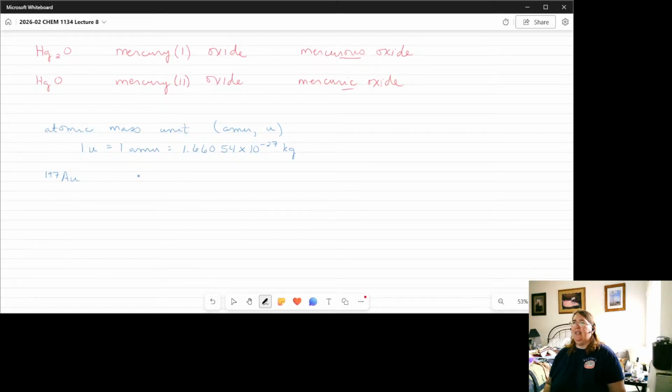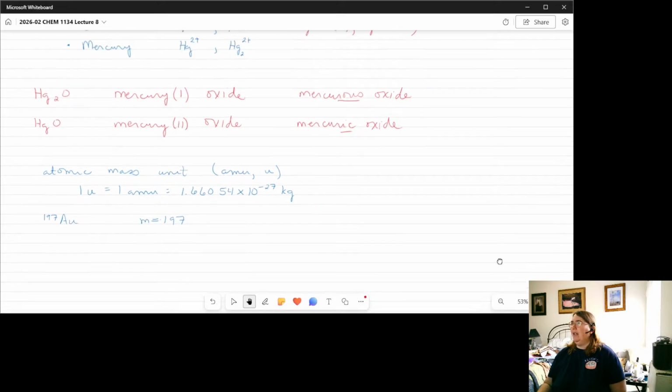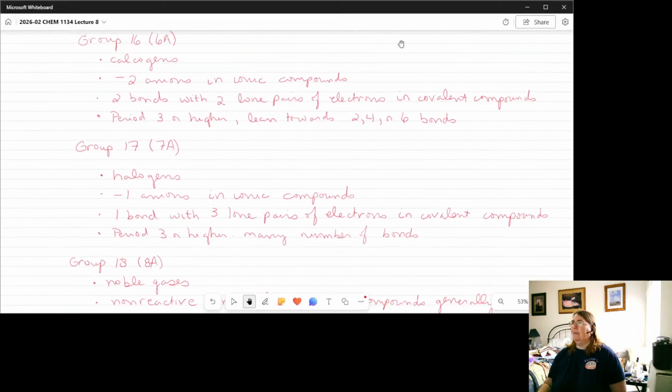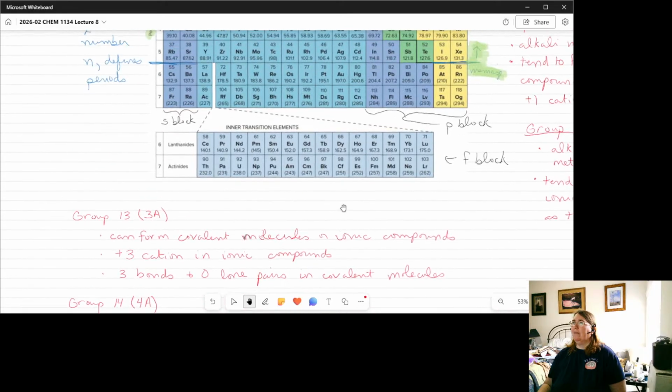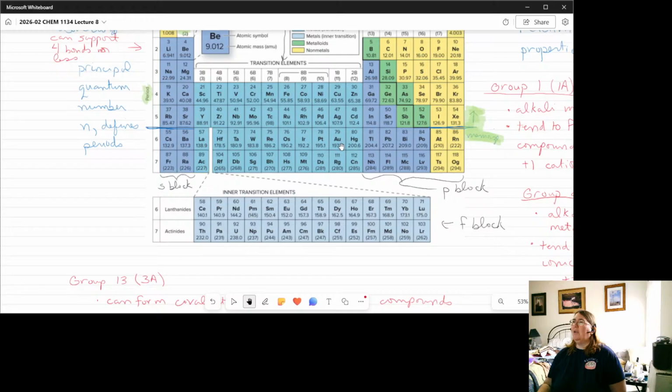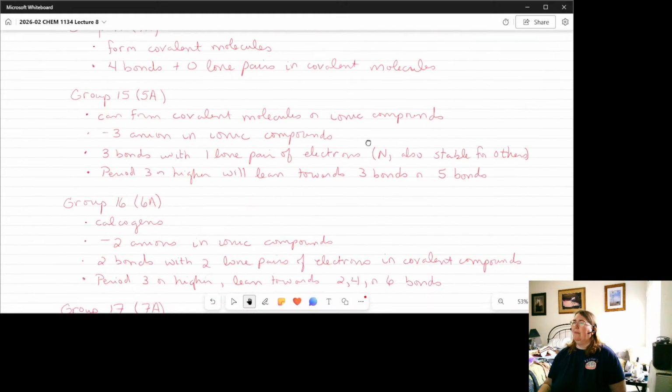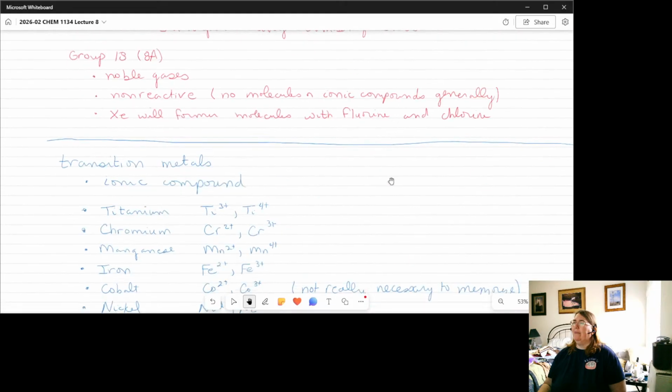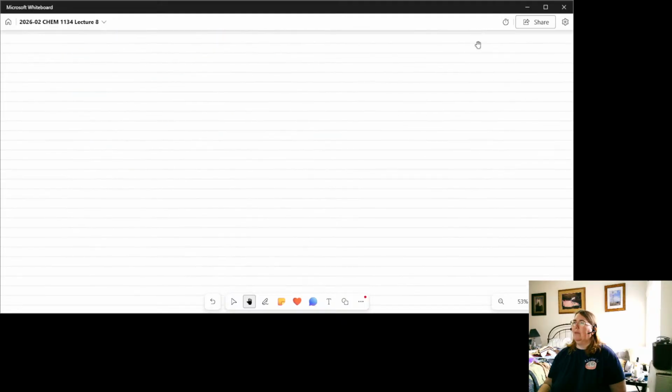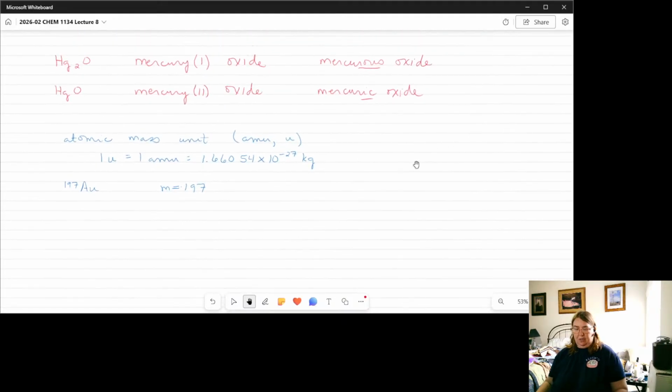If it's gold and it has a mass of 197, because it's gold, if I go up to my periodic table and I look, gold has an atomic number of 79, which I could put down here.